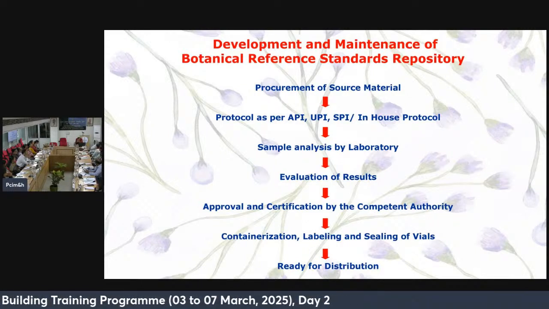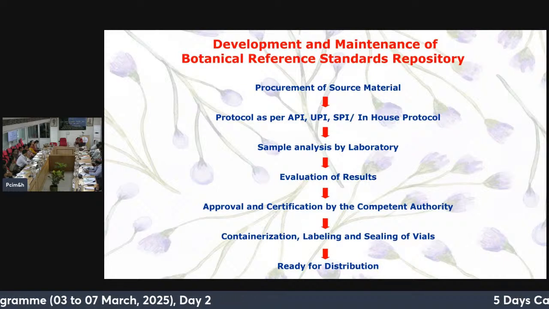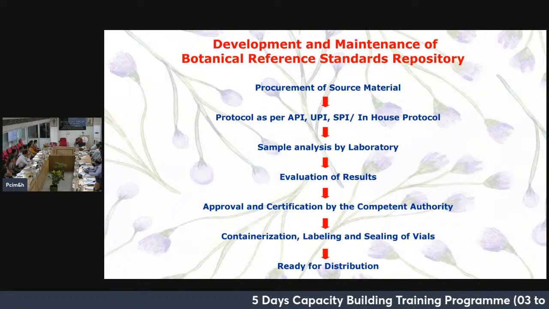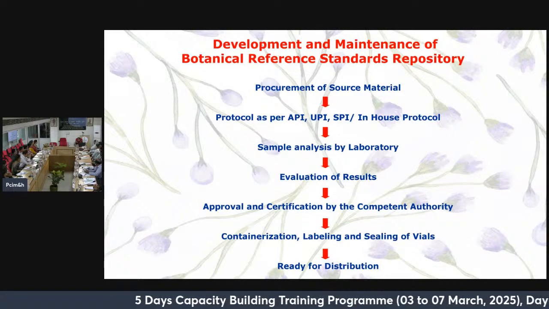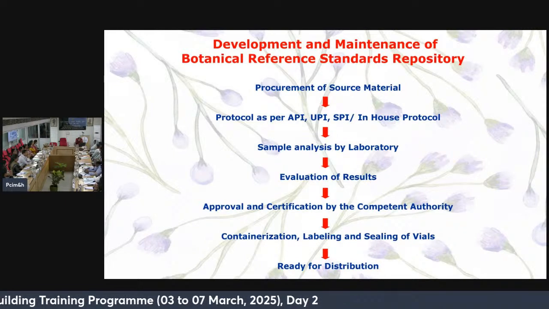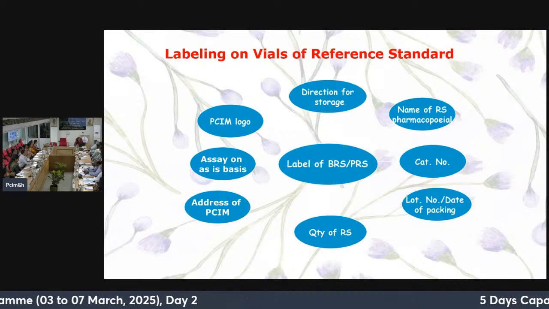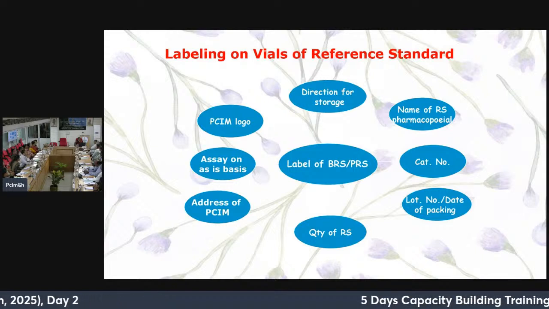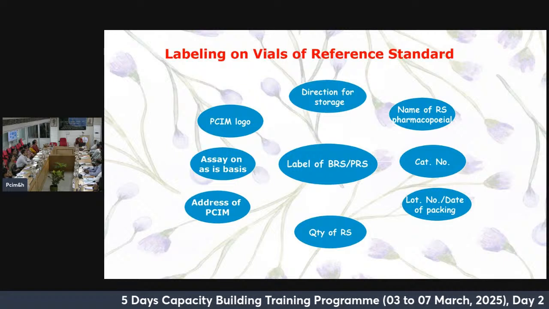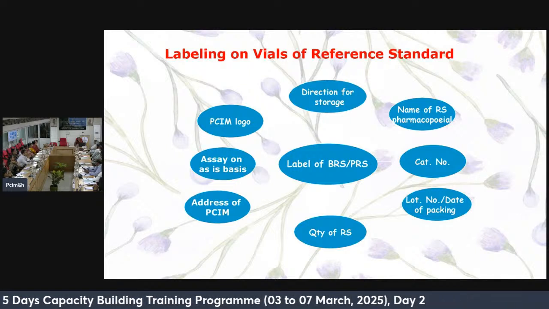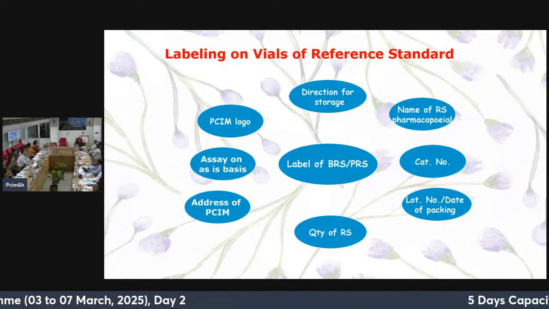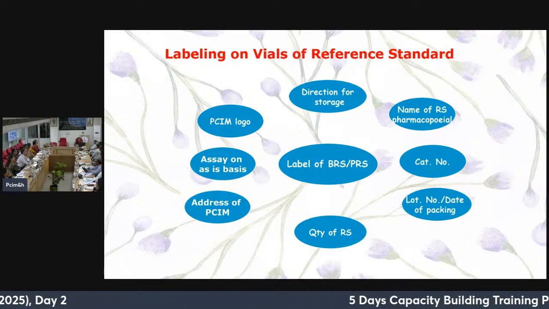Because this is very costly, it is used only for important occasions, but with its help we can develop a working standard that everyone can easily use. On the label, these points should be included: the direction for storage, the material's name, its catalog number, date of packaging, the quantity, and the address of the institute.